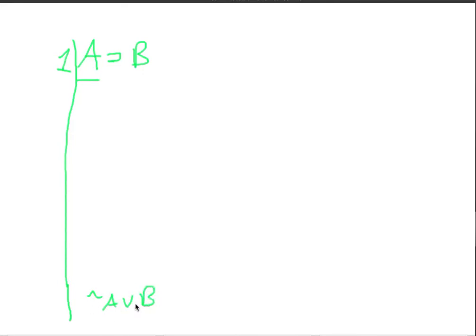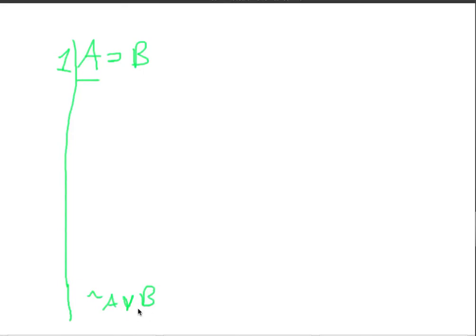So we have here disjunction as our main connective. And if we could get just not A, then we could just tag on B to the other end. Or if we got B, we could just tag on not A. But given that we only have this one premise, and when we think about this intuitively, it doesn't look like we're going to be able to just isolate not A to do the tagging on process.